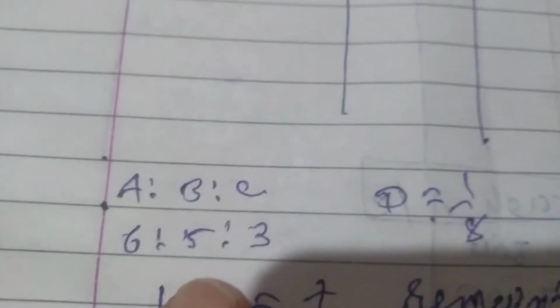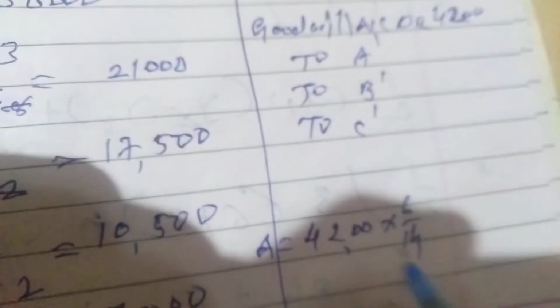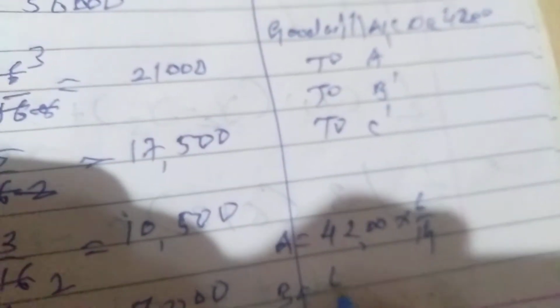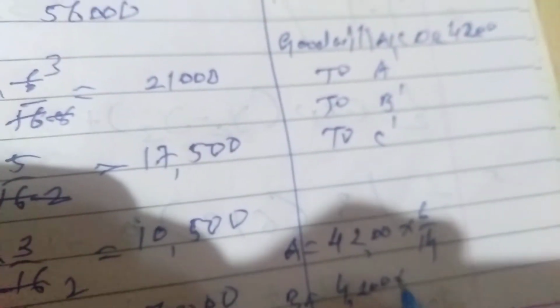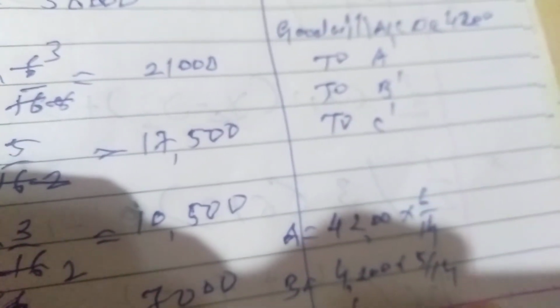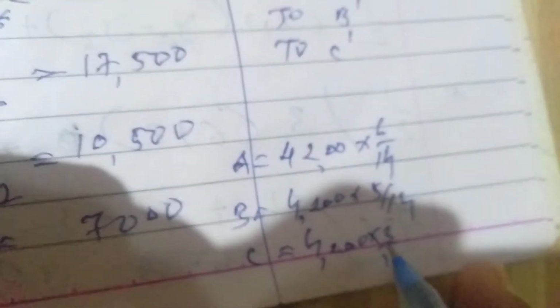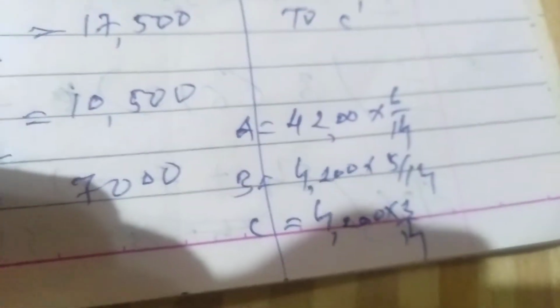So A 6/14, B 5/14, and C 3/14. So A 4,200 into 6/14, B 4,200 into 5/14, and C 4,200 into 3/14.